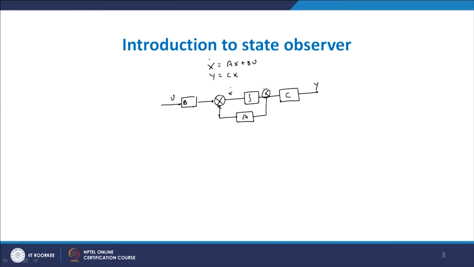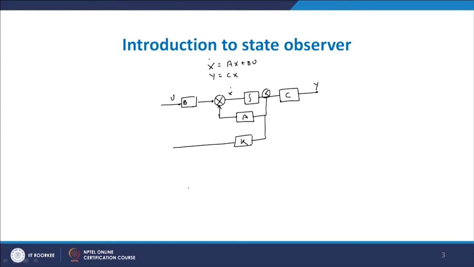Now when we are talking about controller design, controller design in state space is with respect to the state. Here this is the state x, and this state has to be controlled. It may be possible that the state x can't be measured.